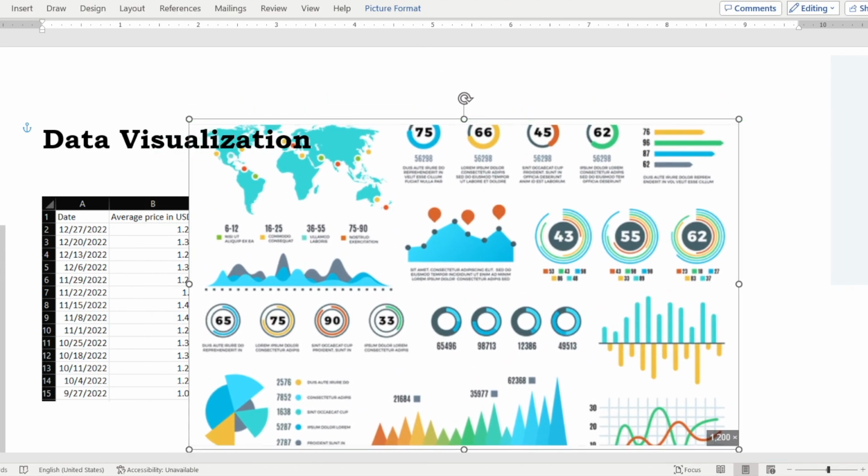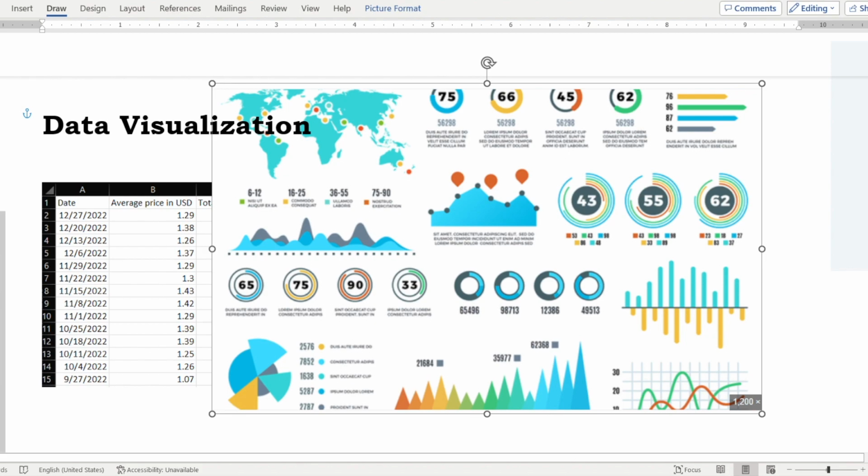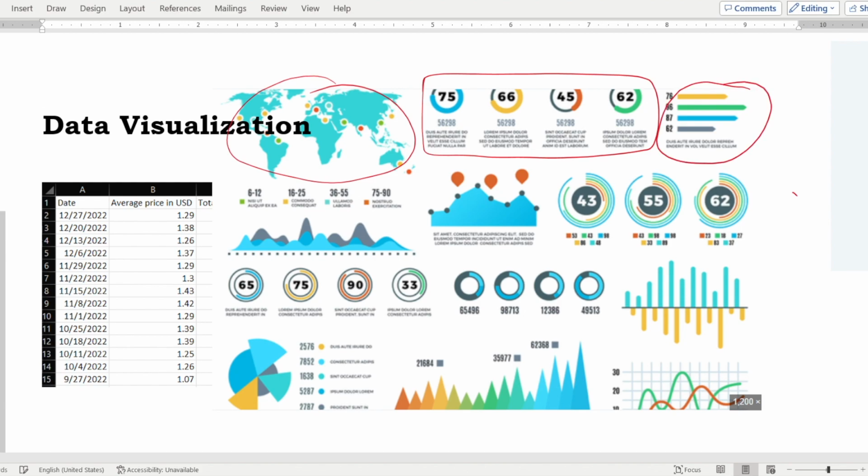From an enormous amount of text or integers, we can visualize things country wise, region wise. We can plot this as a scorecard or the progress, or we can see a horizontal bar like this. So these are different types of data visualization.